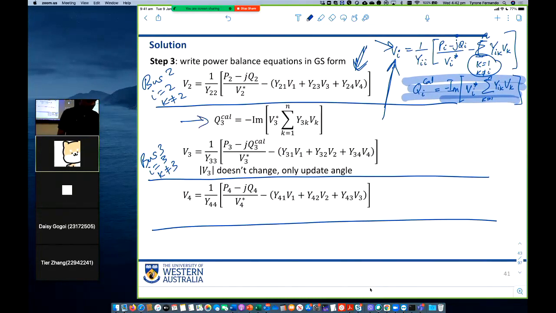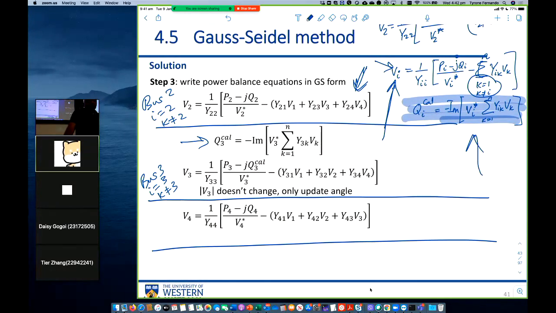This is how: Q3 cal equals minus imaginary of V3 star, summation K equal to 1 to N, Y3K Vk. So we can write what Q3 cal is and what V3 is, looking at these equations that will be given to you. We derived them, so we know that now.